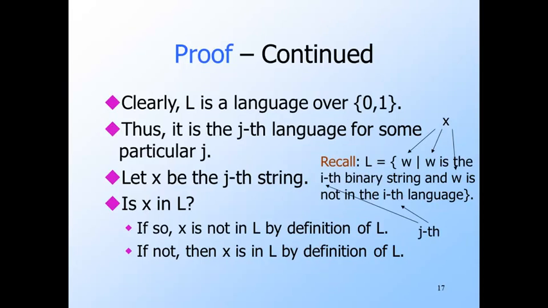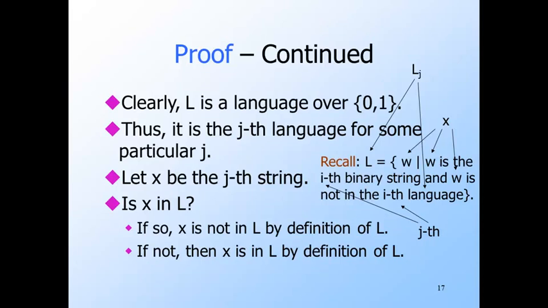In that case, the value of i is j because we know x is the jth string. Further, we know that L is the jth language, so both L, the language being defined, and the ith language mentioned in the definition of L are all the same, and they are L sub j.